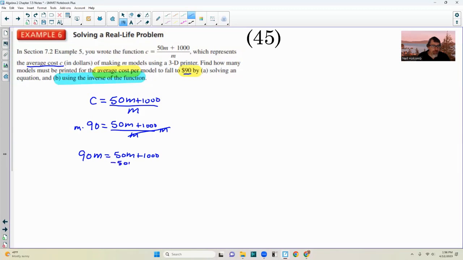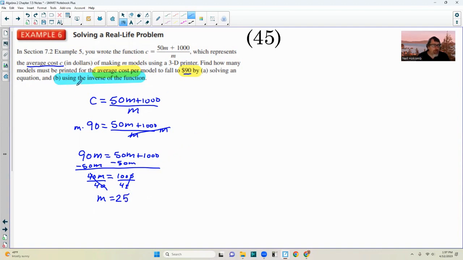Subtract 50m from both sides, and that's going to leave me with 40m equals 1,000. And I divide by 40 and I find my m. The zeros cancel, and 100 divided by 4 is 25.